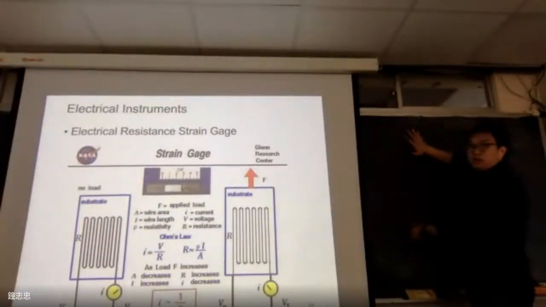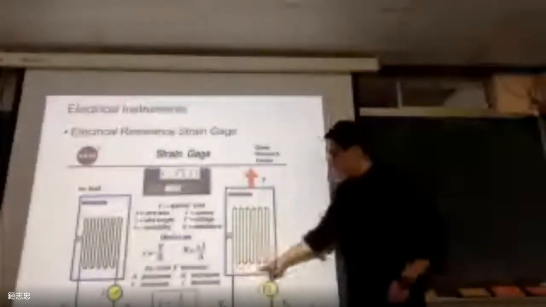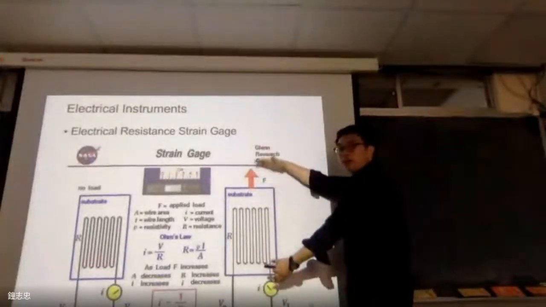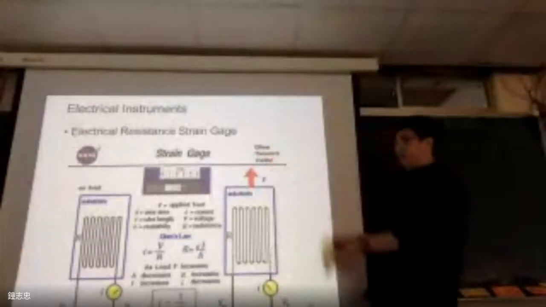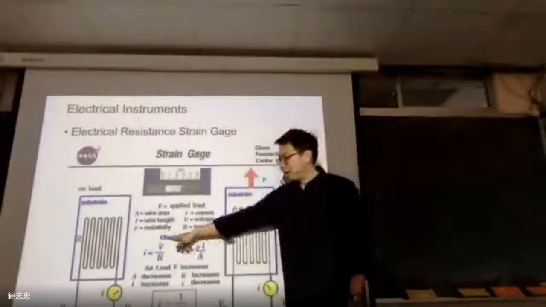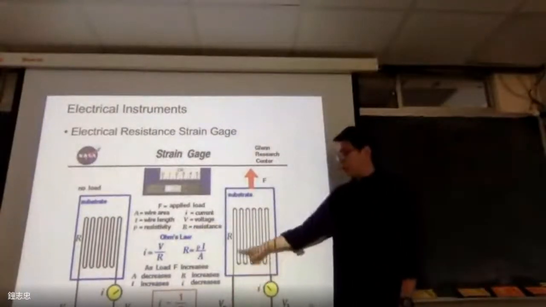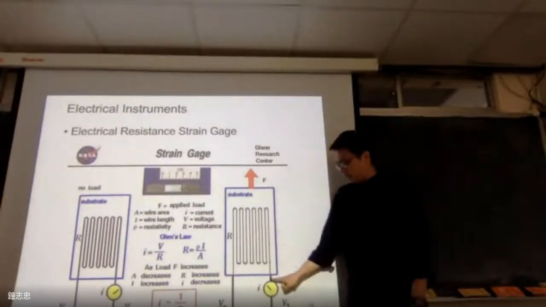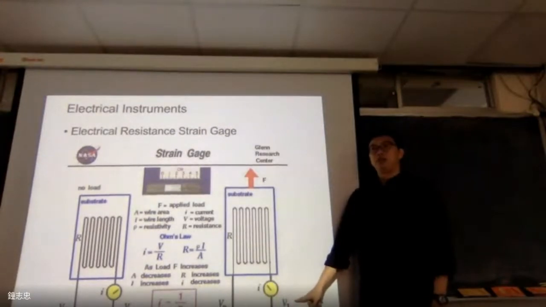So when this wall changes, simultaneously your strain gauge has a different extension because of the external force. So from Ohm's law, if I already have an input voltage to this electrical circuit, I mean the strain gauge, I can read the output voltage.